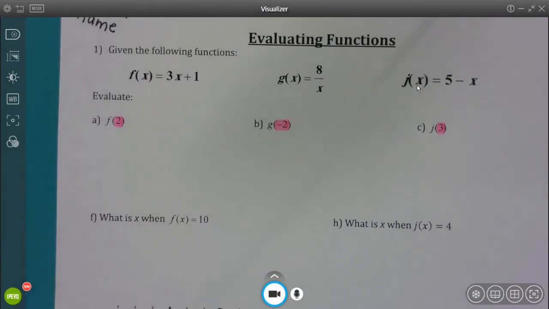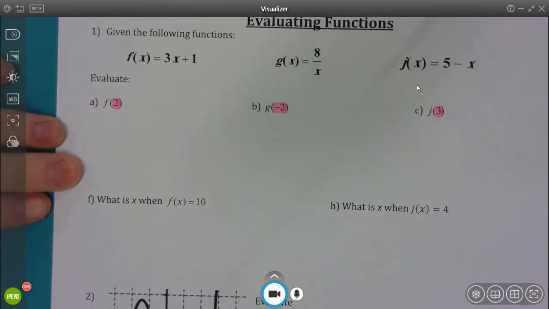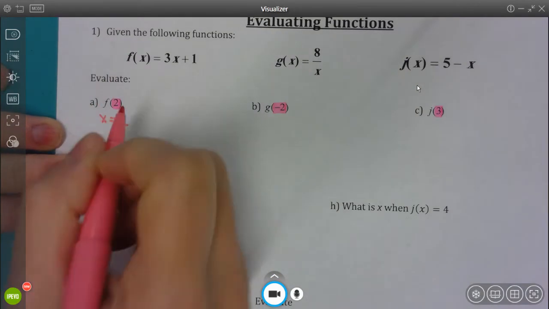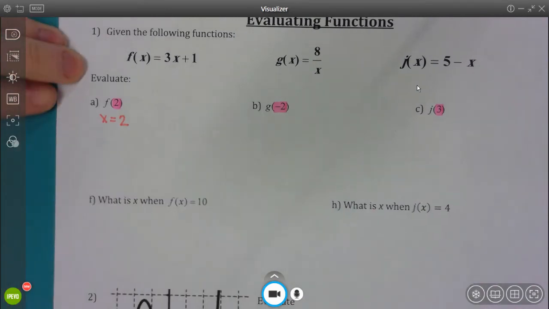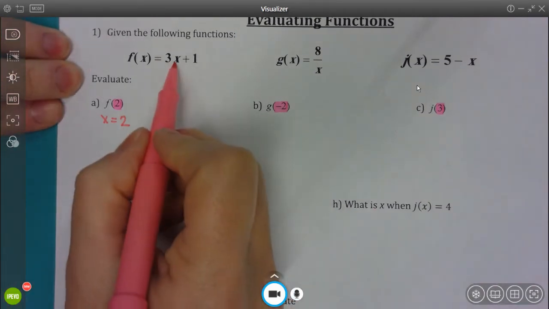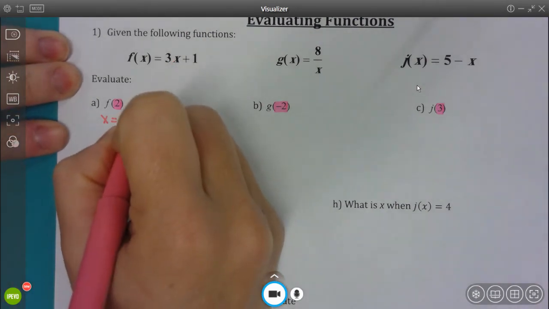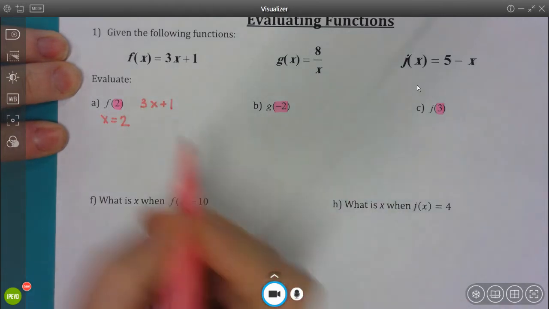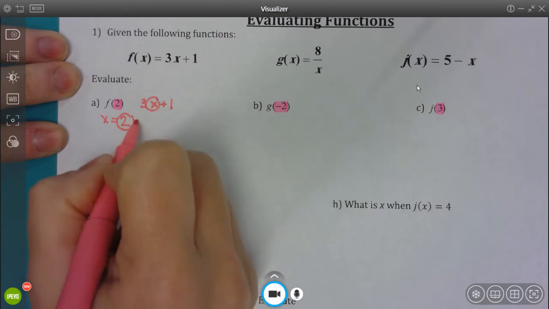So this tells us that if I'm looking at function f, my input is x equals 2. So I'm going to go back to function f, and I'm going to take x equals 2. So I have 3x plus 1. I'm going to replace x with 2.